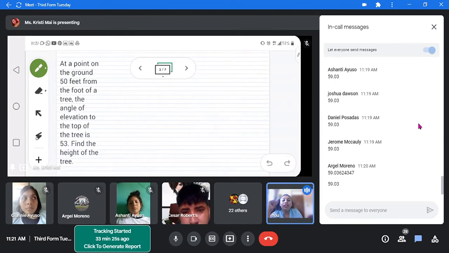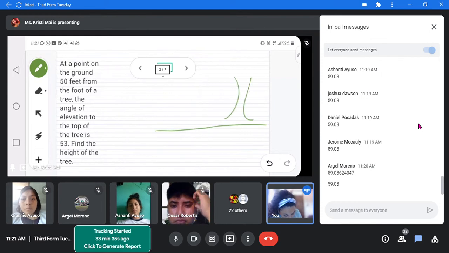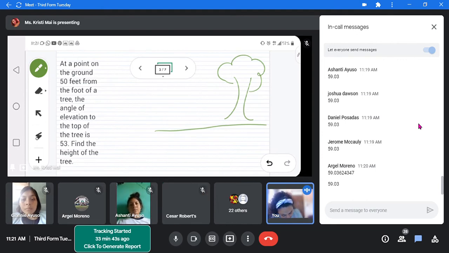At a point on the ground 50 feet from the foot of a tree. So at a point on the ground, I'm on the ground. There's a tree right here. 50 feet from the foot of a tree. So it's 50 from here to here. It's 50 feet.